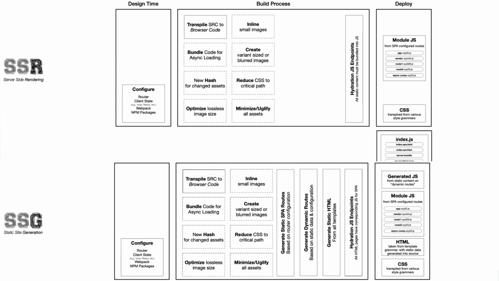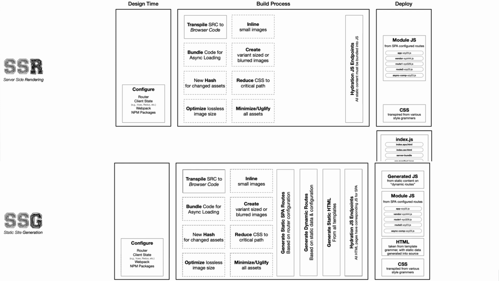So for instance, you have the index of all blog posts that will generate without any additional configuration. However, if you want to generate the detail pages of the last 10 blog posts, you'll need to specify what the IDs are for those 10. So that is a configuration item that is not required in server-side rendering because it can be done at the point of request, but in generation, you must add that in.